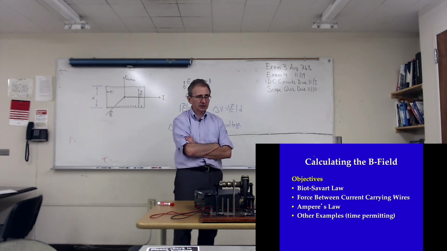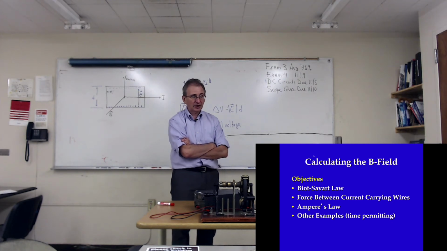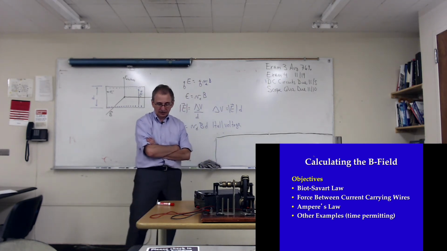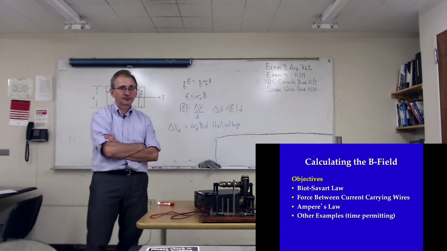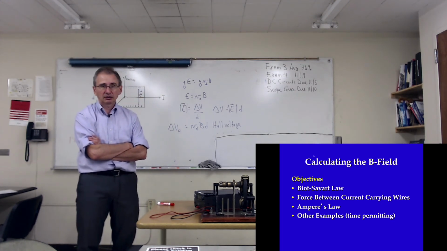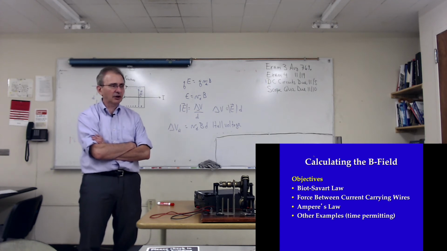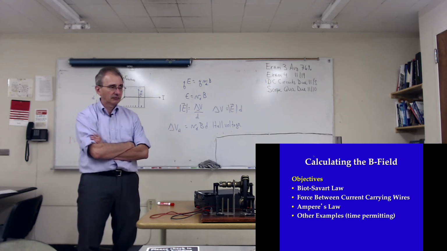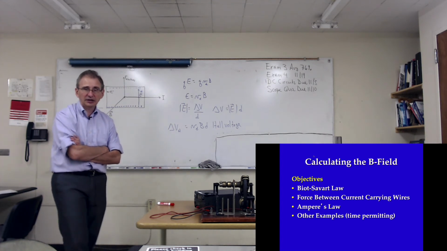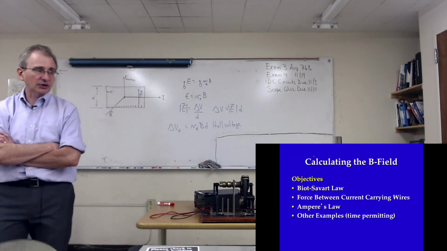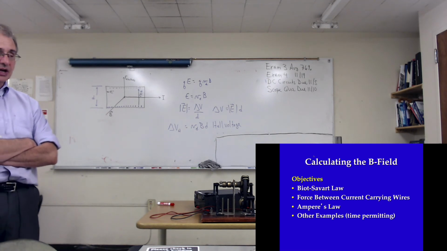I did say something earlier about the source of magnetic fields being due to the spin of electrons, but unfortunately, I just don't have time to get into the details. It's an interesting topic, that's why I'm saying read about it. I'm really going to focus on sources of magnetic fields due to current carrying wires, because we can do a lot of those calculations. And so we're going to focus on the Biot-Savart law and Ampere's law in this chapter.